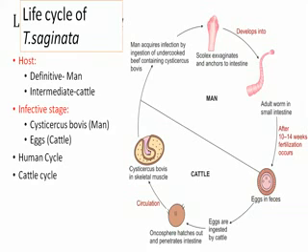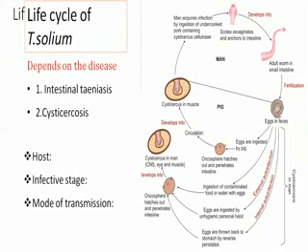From here, it forms the Cysticercus bovis. So man acquires the infection by ingestion of this undercooked beef. Definitely, he will get the intestinal teniasis disease.